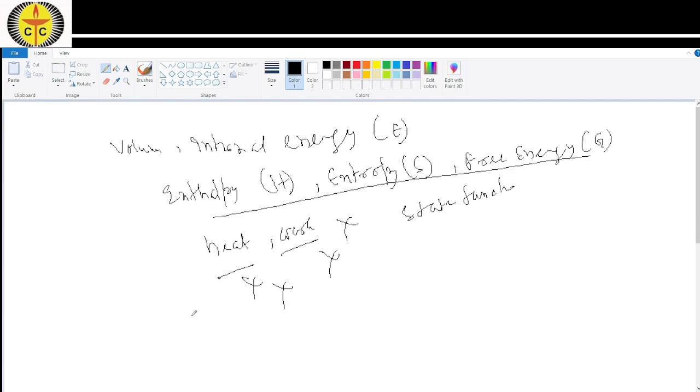Now we'll see the characteristic properties of state functions.